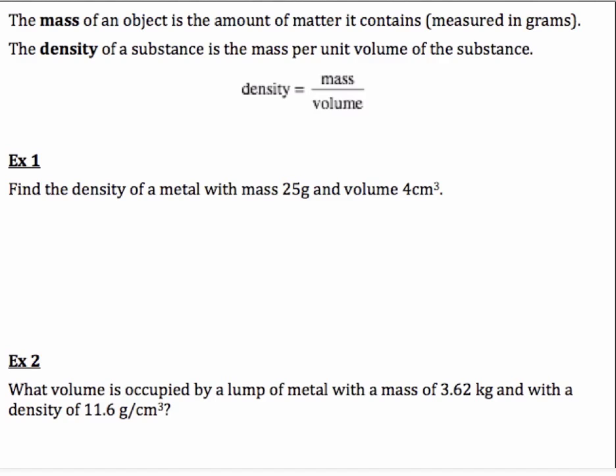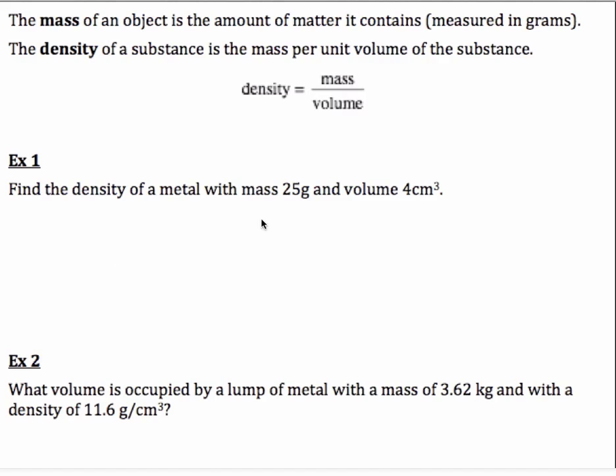Okay, next is the density formula. Density of an object is mass divided by volume. Find the density of a metal with mass 25 grams and volume 4 centimeters cubed.